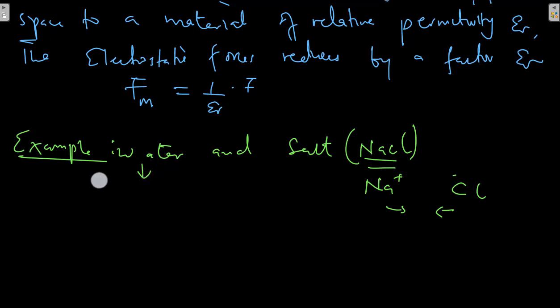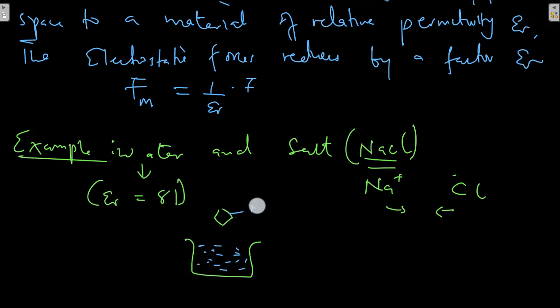Water has a relative permittivity of about 81. So if a sodium chloride crystal is transferred to water, the electrostatic force between the sodium and chloride ions is going to be approximately 81 times smaller.